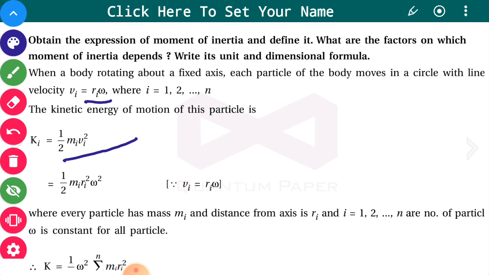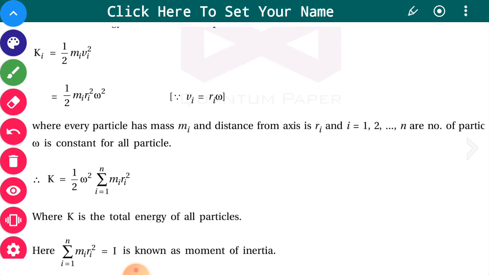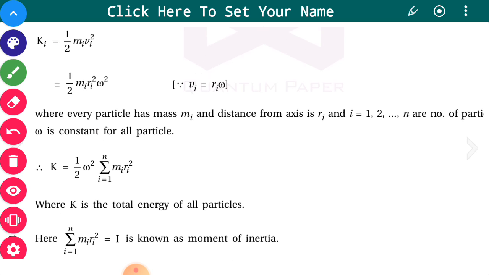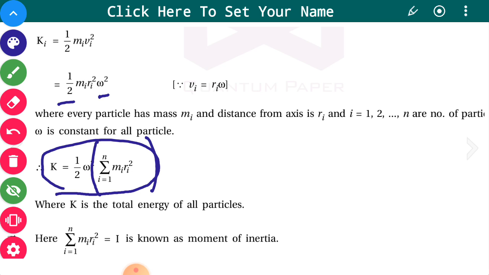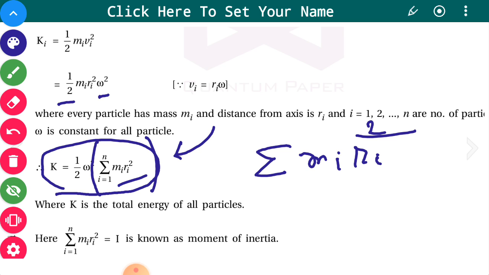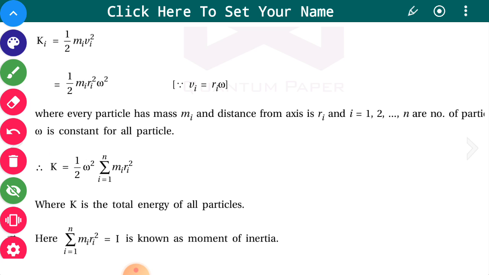Instead of v_i we write r_i omega, so it becomes r_i squared omega squared. If we take omega squared out, and take all the particles, the total kinetic energy of the system can be written as 1/2 omega squared times (m1 r1 squared + m2 r2 squared up to mn rn squared), and in short form it is written as sigma m_i r_i squared, so it is written as the sum from i = 1 to n of m_i r_i squared.